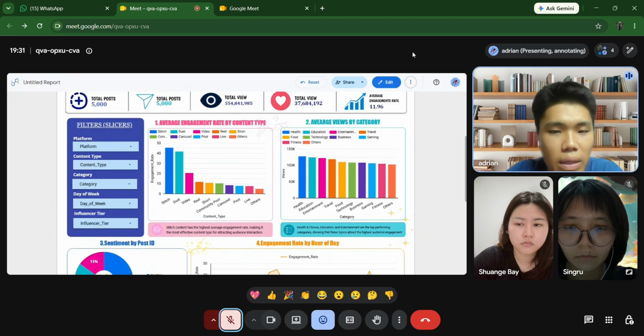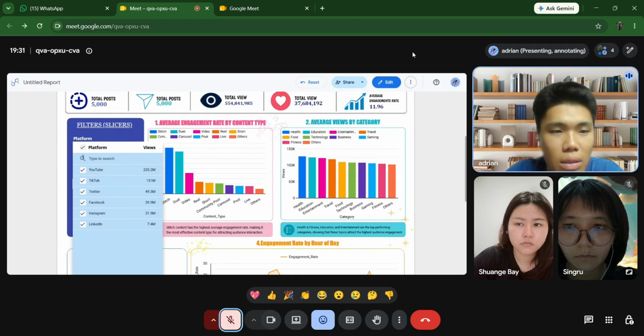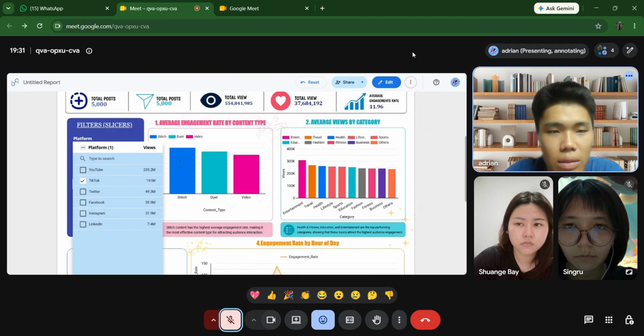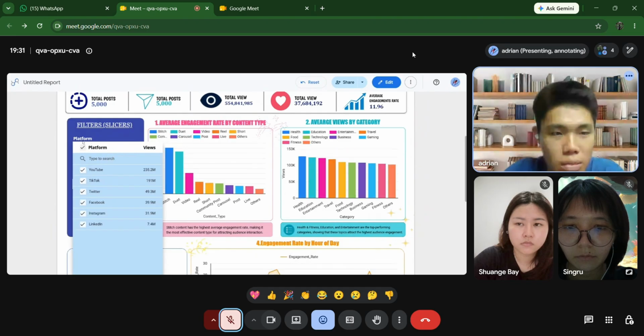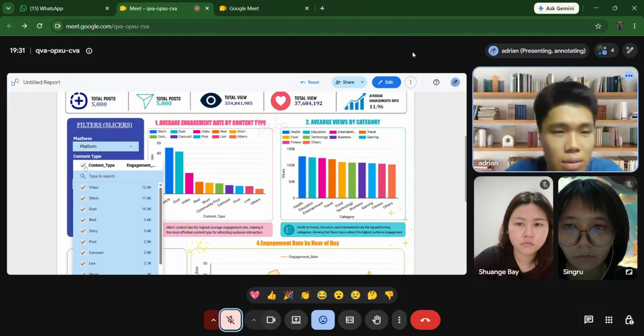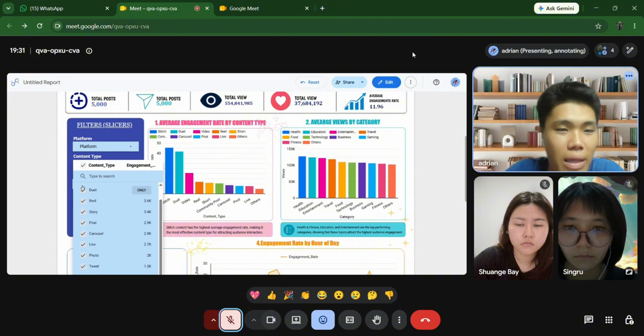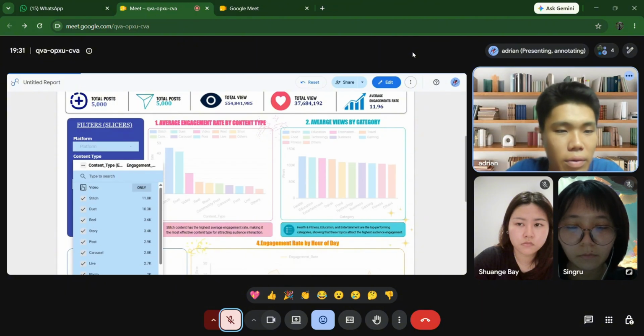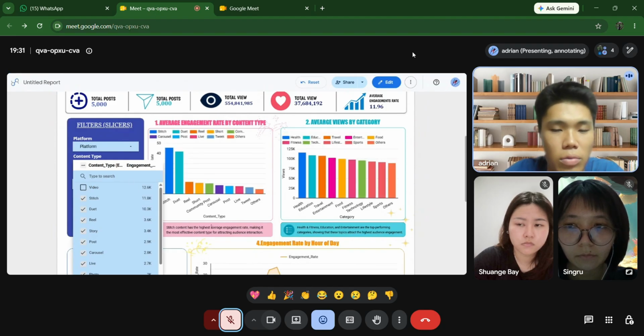So, for example, if the user chooses TikTok from the platform, we can choose TikTok like this. Next, we can also search for the content type, like video, so that it will not show the other types.